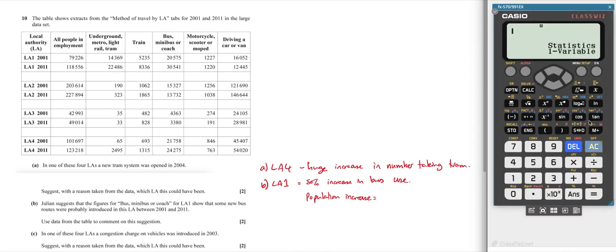Menu 1, so we would have 118556 take away 79226, new take old over old, times 100. So my population increase is also about 50%.